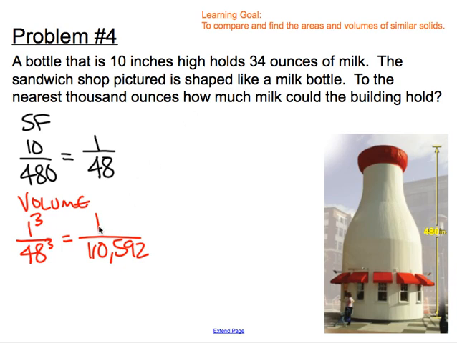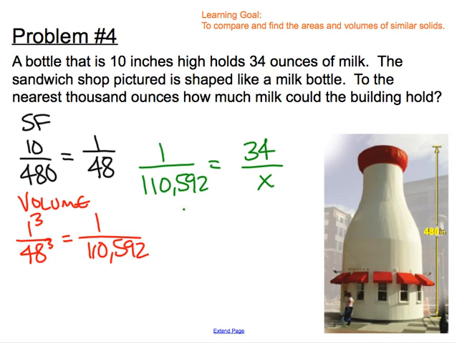In other words, for every 1 ounce that the bottle holds, the sandwich shop will hold 110,592 ounces. So we want to set this up as a proportion: 1 over 110,592 is going to equal 34 over some number x.